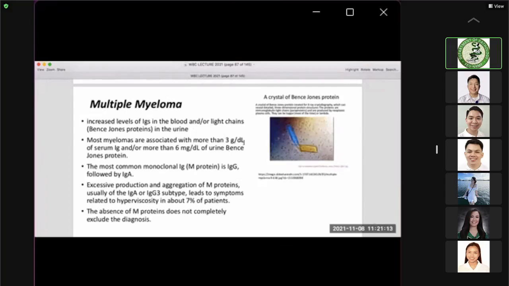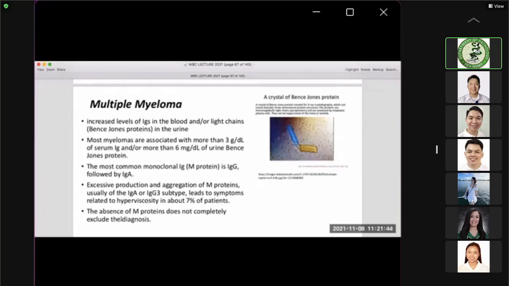No, so more than 3 grams per deciliter of serum Ig or more than 6 milligrams per deciliter of urine Bence-Jones protein. So the most common monoclonal Ig protein, no, is IgG, followed by IgA. Okay. So with that, it is associated with hyperviscosity in about 7% of patients, no.